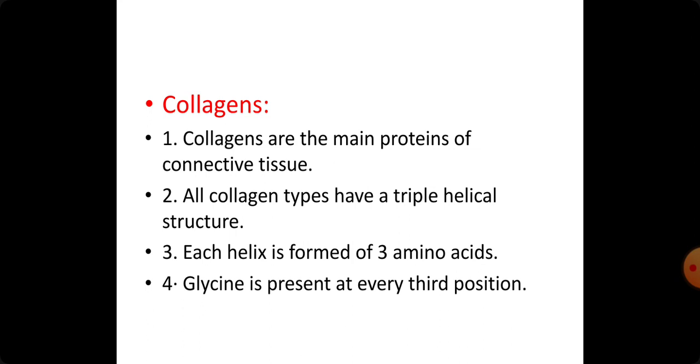All collagen types have a triple helical structure. Each helix is formed of three amino acids, and glycine is present at every third position.